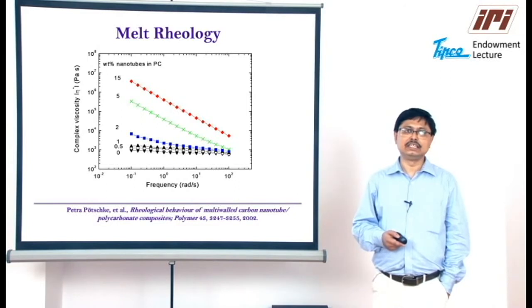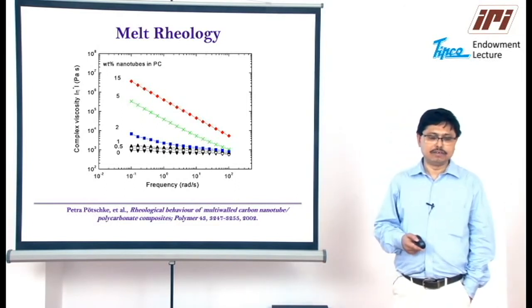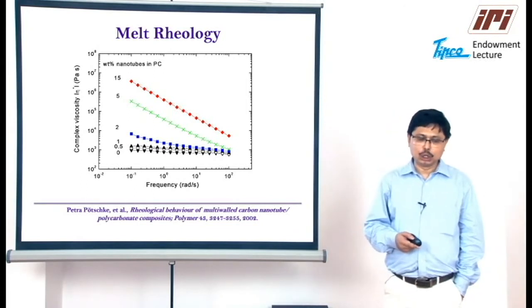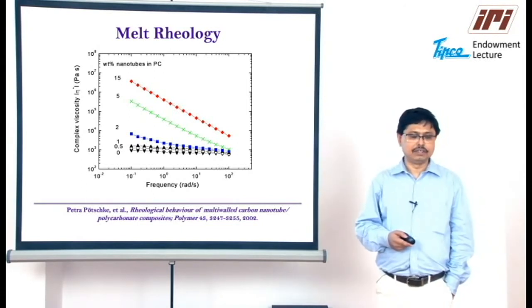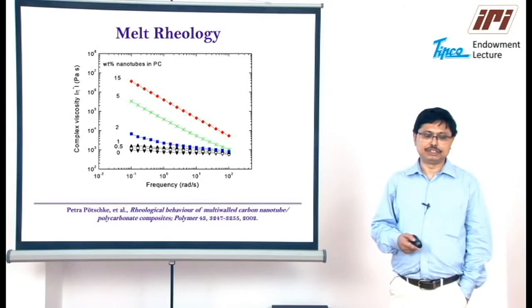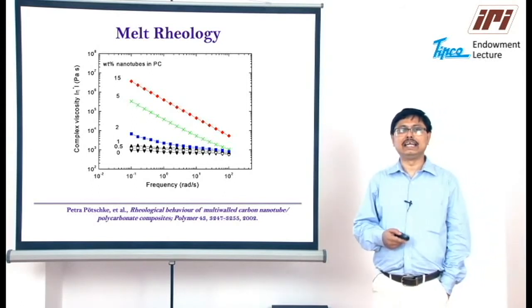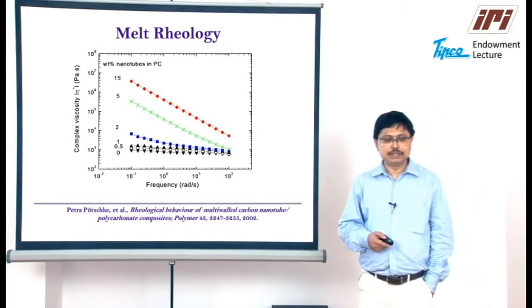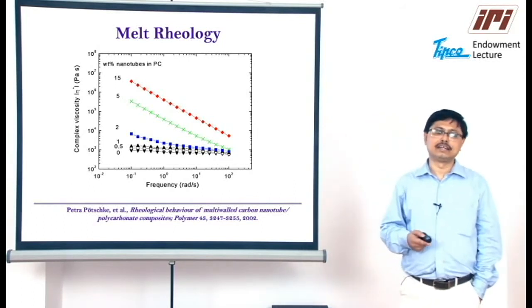And the interesting thing one could observe is the low frequency behavior, the slope of the low frequency curve in the complex viscosity versus frequency in the oscillatory, dynamic shear characterization.